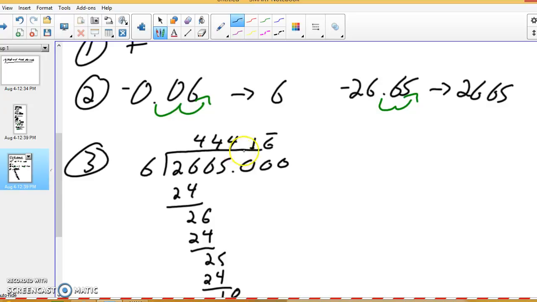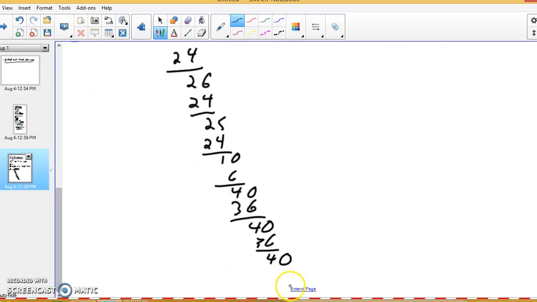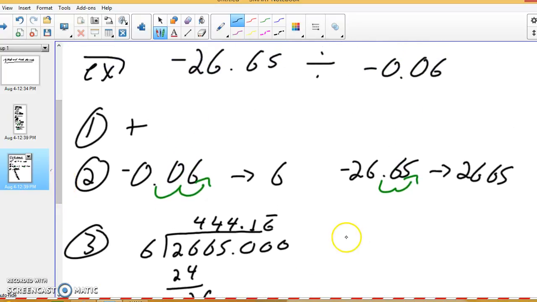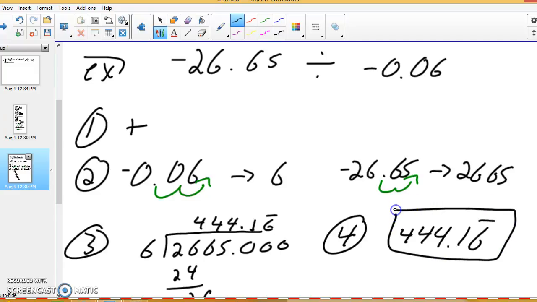Then, once you figure out your number, you just slide your decimal point straight up. So our answer to step 4, you just write the number, but you can't forget the original sign, which we know is positive, so we're just going to leave it as is. So negative 26.65 divided by negative 0.06 is 444.16 repeating.